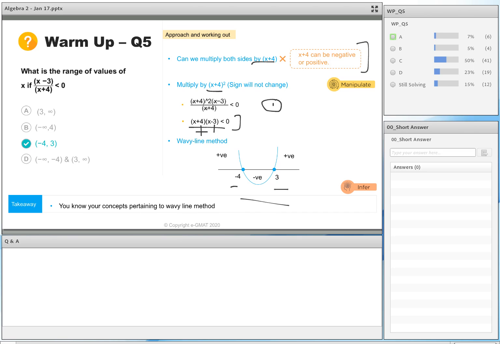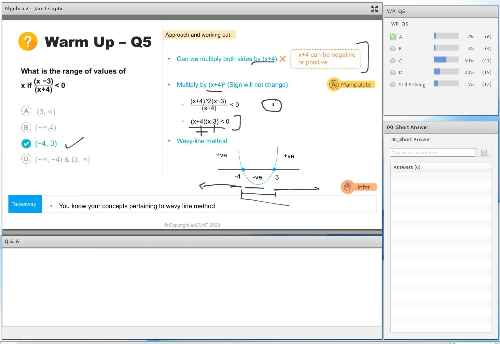We have three regions. One region is from 3 to infinity. The other region is from minus infinity to minus 4. The third region is from minus 4 to 3. You take the three regions, you calculate the values, and the only region where I'll have a negative product is when x lies between minus 4 and 3. And that is the reason we mark choice C as the correct answer choice.